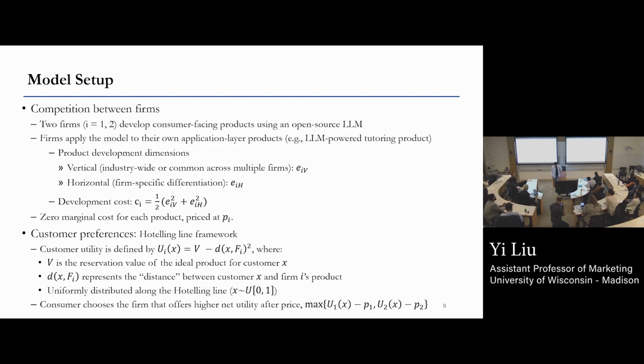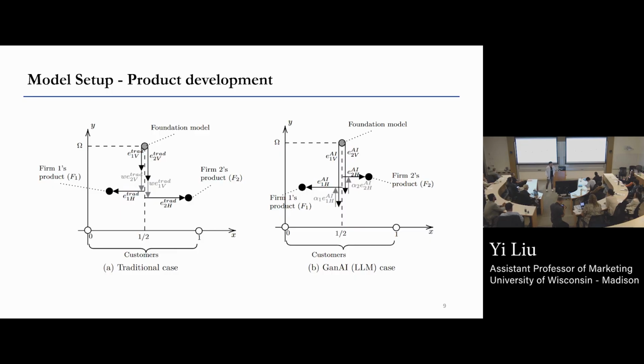So this is just an illustration of the difference between the traditional open source model and the generative AI open source model. In the traditional case, first of all, there is a kind of collaboration. Basically, your effort in the common dimension or the vertical dimension can contribute to the others.